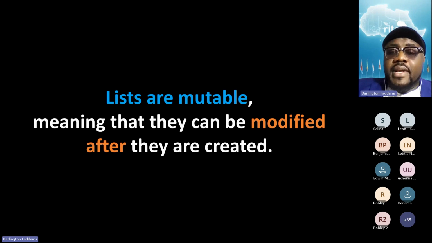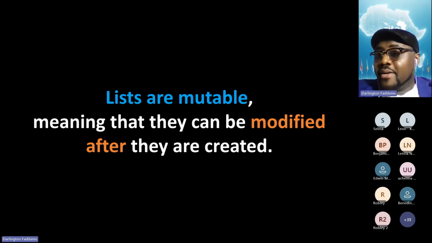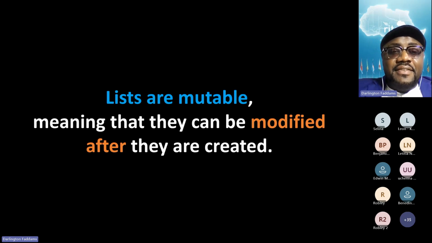All right, when it comes to lists, there are certain features of lists that we should know about. And one of the first features is that lists are mutable. Now, when we say lists are mutable, it means their values can be modified.